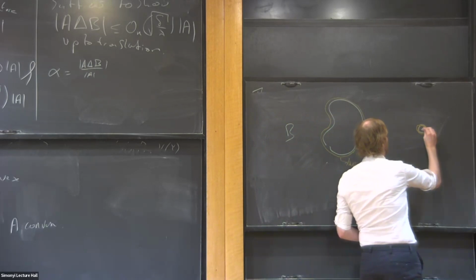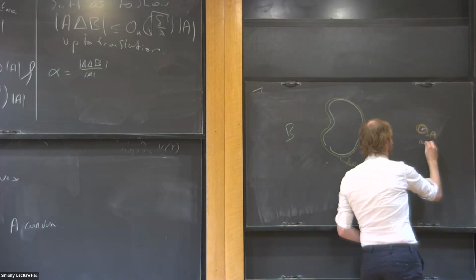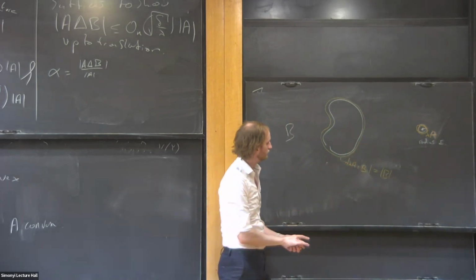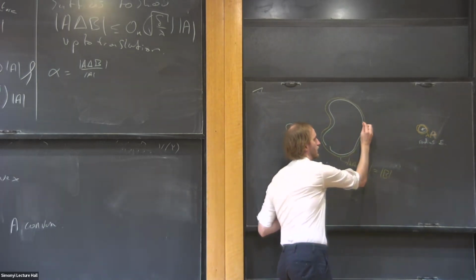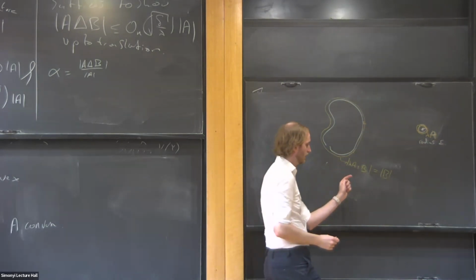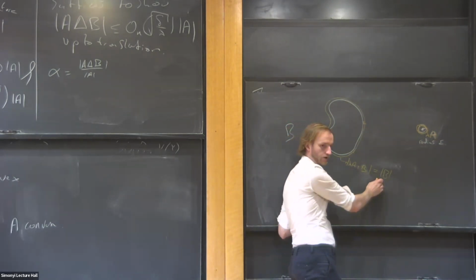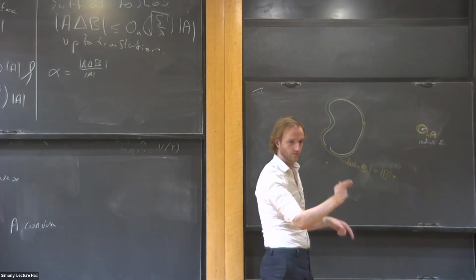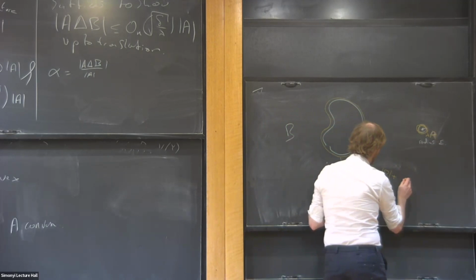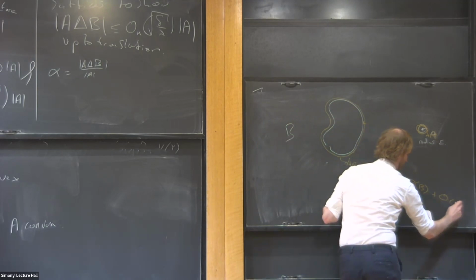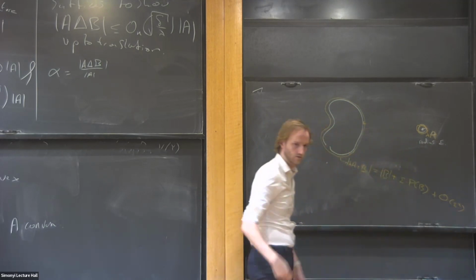So let's imagine that this has radius epsilon, then everywhere in this picture, I'm going to stick out by epsilon. So the size of the set is going to be my original set plus the size of the boundary times epsilon, so epsilon times, let's say, the perimeter of B plus something in terms of epsilon, low order terms.